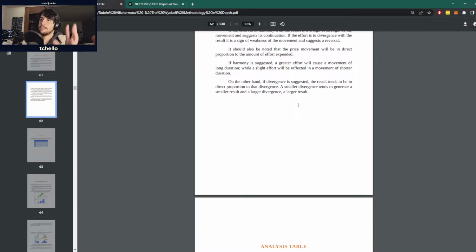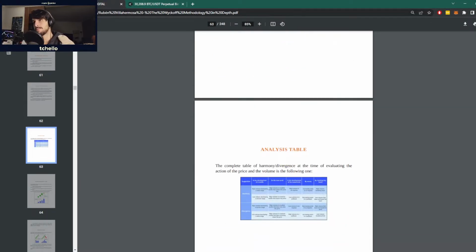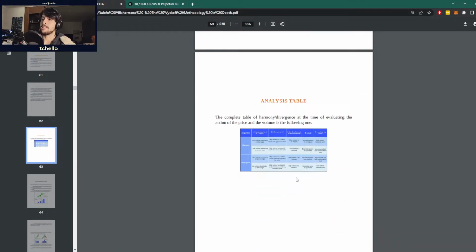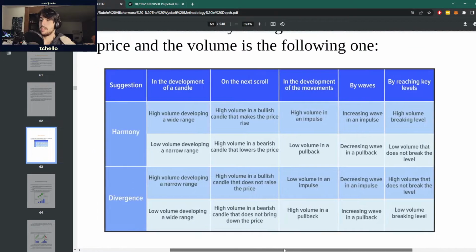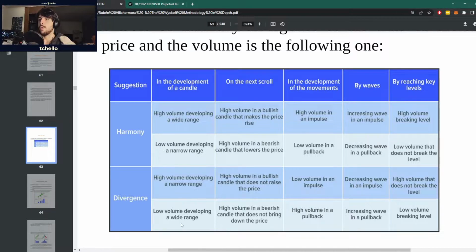We're talking about a move in price that does not correspond with the move in volume, all right? And so there is a comprehensive table here in this book, and we will explain basically what this means just in a bit. But this is the basic table, okay?